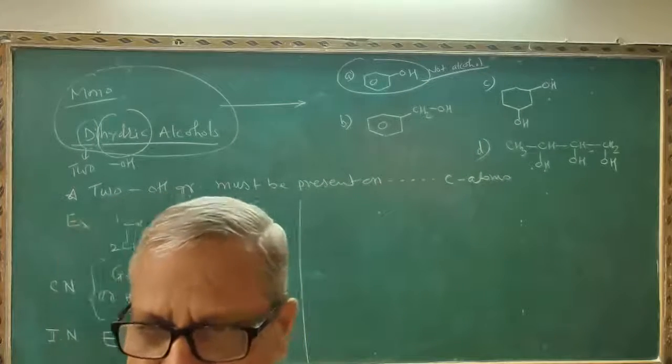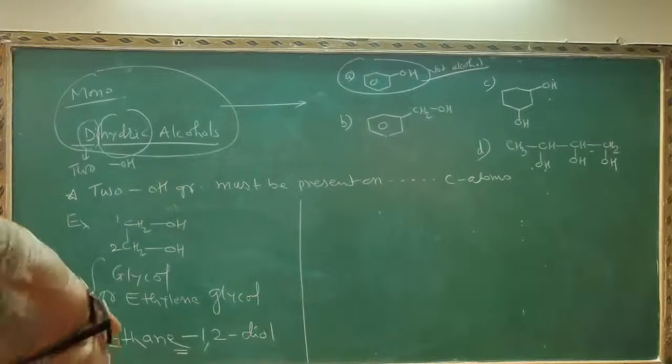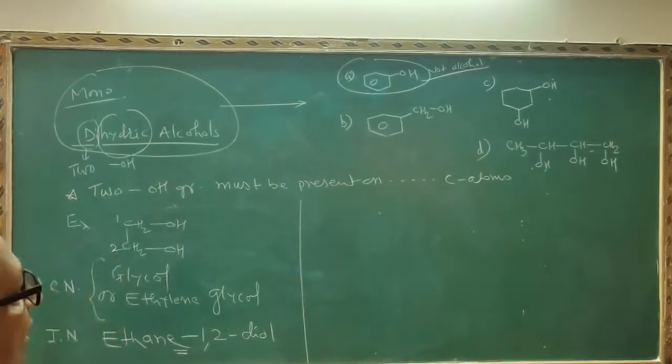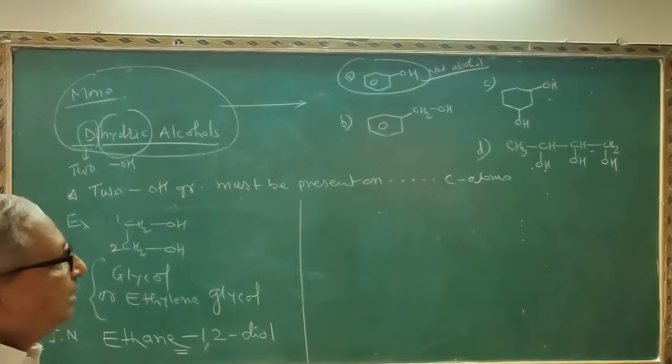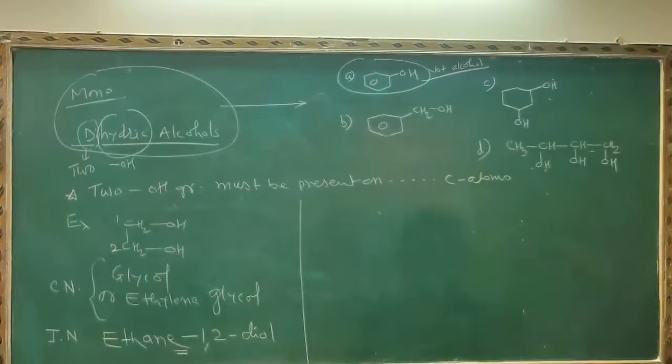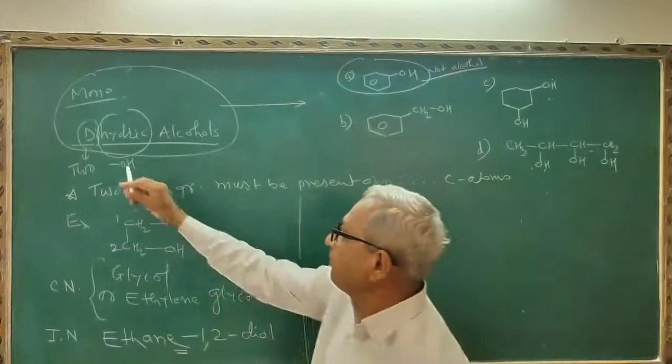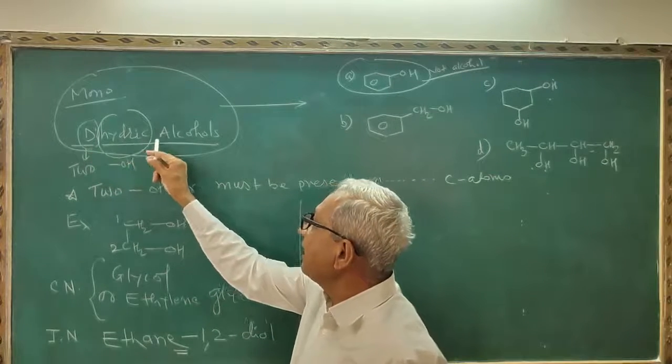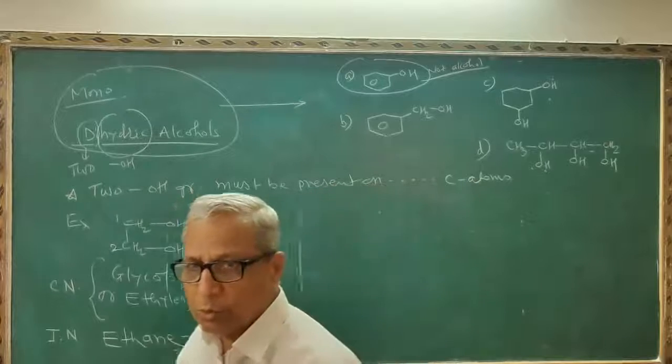The OH group is directly attached to the benzene ring. It is an aromatic compound. Second question: which of the following is a dihydric alcohol? The question is based on the title, dihydric alcohol.